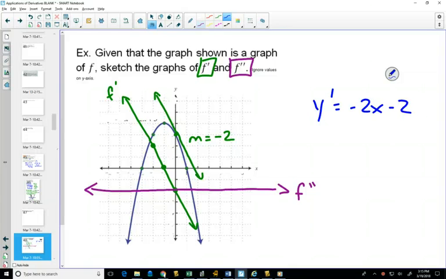Then there's my y-intercept at -2, my slope of -2. And I would have graphed that so much quicker had I known the equation. And my second derivative off of this would just be -2.